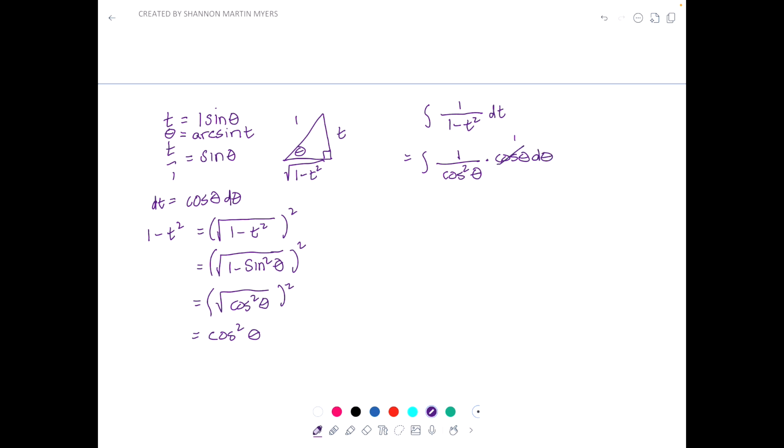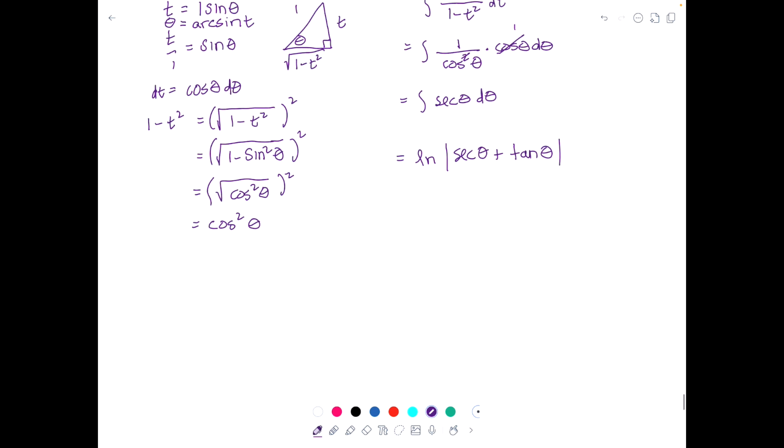So one of the cosine factors divides out from the denominator, and we end up with the integral of secant theta d theta, which is the natural log of absolute secant theta plus tangent theta.